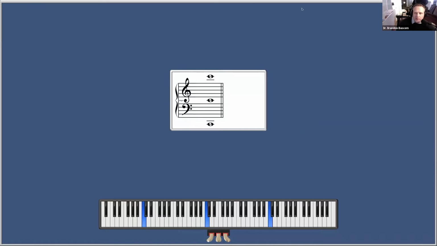Okay, this is the treble clef. Originally, it was notated with a G. So sometimes it's called G clef, but it morphed into our treble clef today.